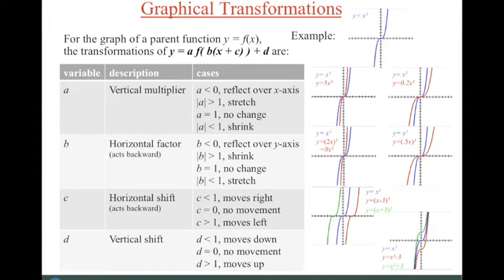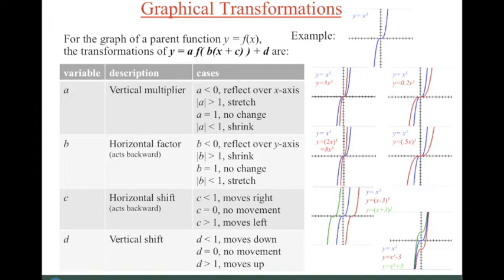Our last variable here is d. d is added outside of the function. Since it's added outside of the function, outside of f of x, that is going to be vertical. Because it's addition, it's a vertical shift. If we look here at our vertical shifts, we can see that in my green example, x cubed plus 3 goes up, x cubed minus 3 goes down.